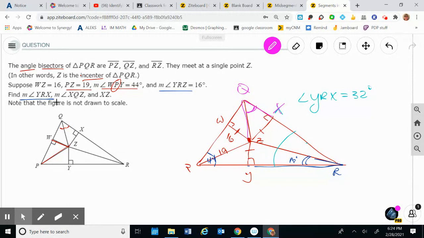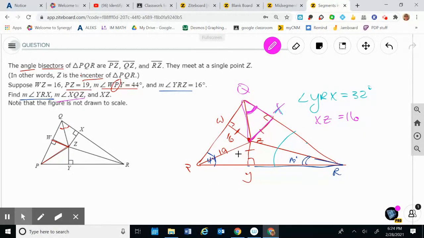I'll come back to that because you've got to think about that for a second. And XZ, they want XZ. The reason why they gave you WZ and then asked you XZ is because they wanted you to know that they're the same. So XZ is equal to 16.